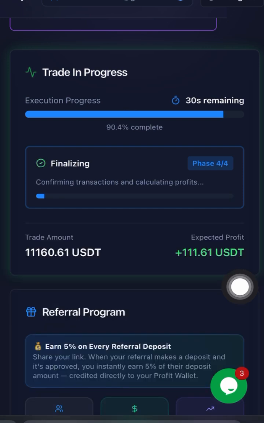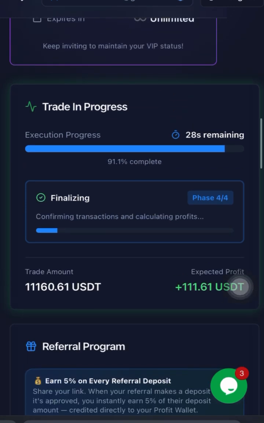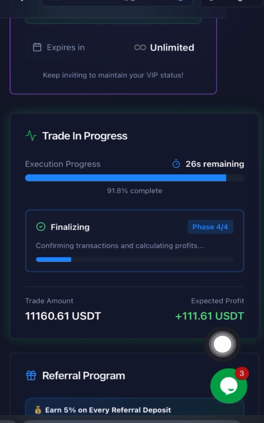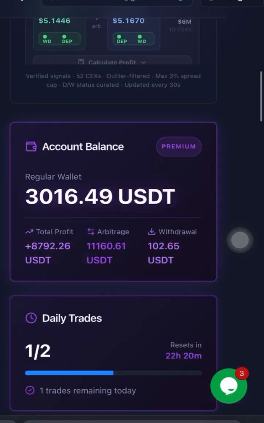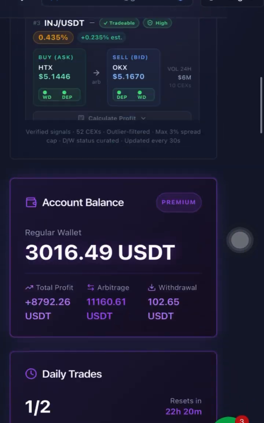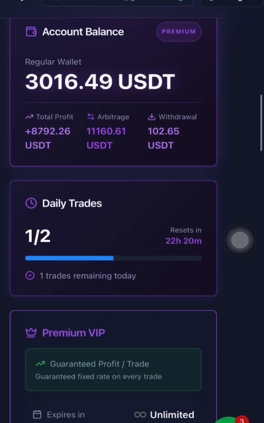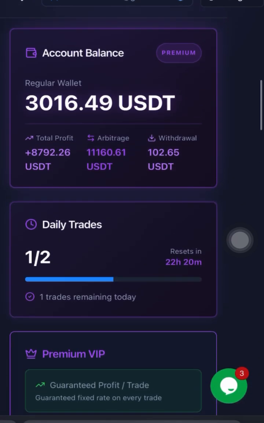You can see that it's done. My expected profit is plus 111.61 USDT after the trade. Right now I have 3016, so when it's done, it will add up to it for you to see.